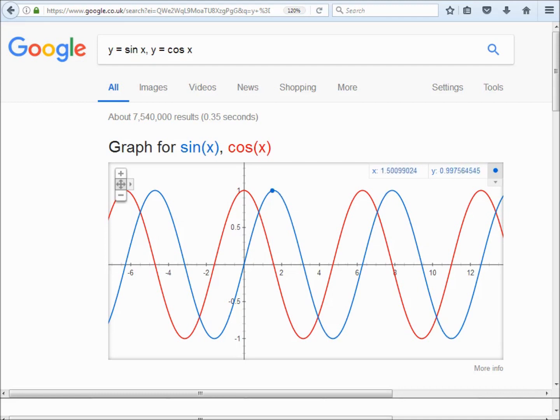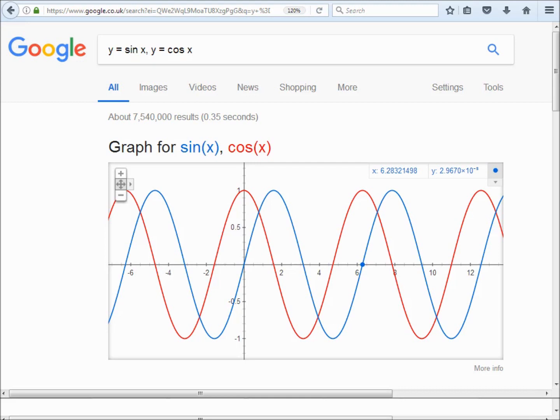Now ours went from 0, and then the graph repeated every 360 degrees, but this graph seems to repeat every 6.28, whatever these units are. Well, the clue is 6.28 is 2 times 3.14, and 3.14 is an approximation of pi. 2 pi will tell us that we're dealing in radians.